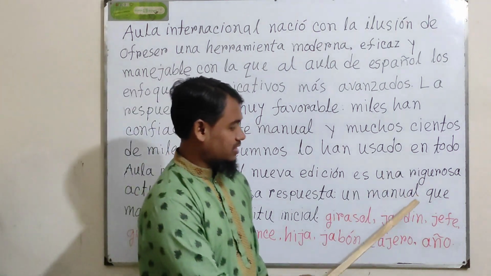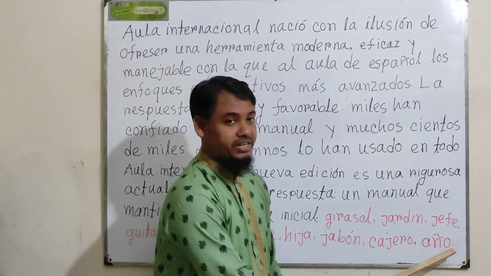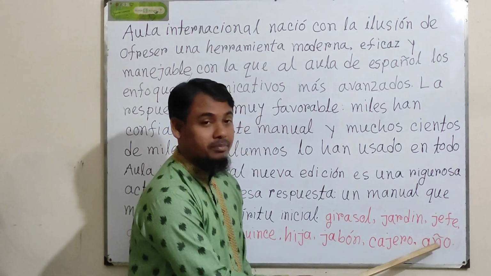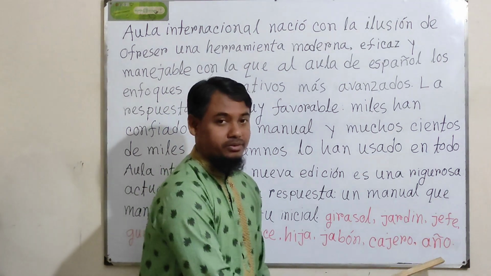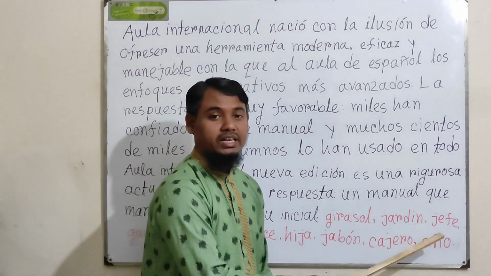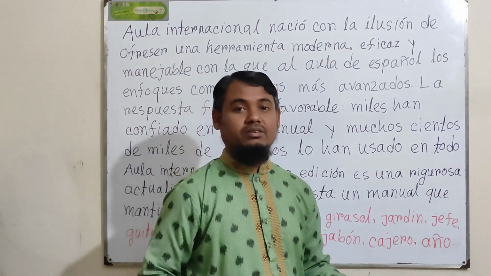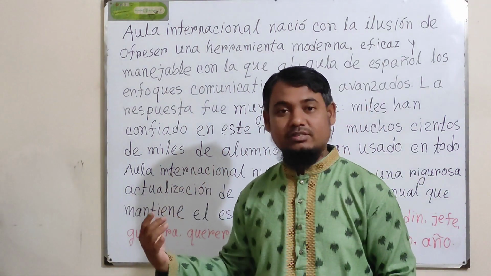Dear learners, this is the last word of this portion, año, año. Because this letter name is año, it will be pronounced like año, not ano. Año means year. So dear learners, I have shown you how to pronounce the Spanish language.